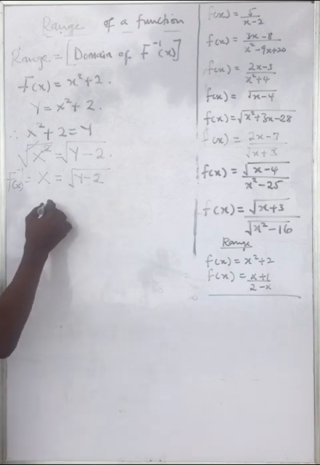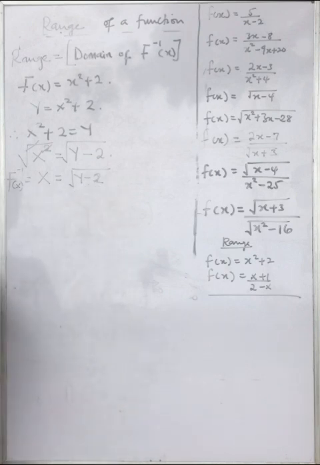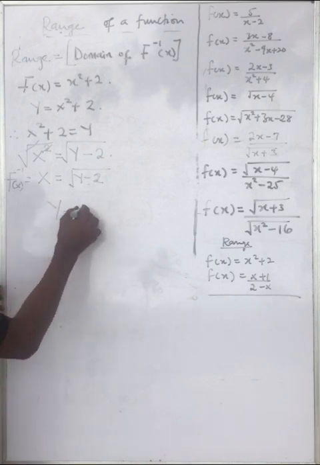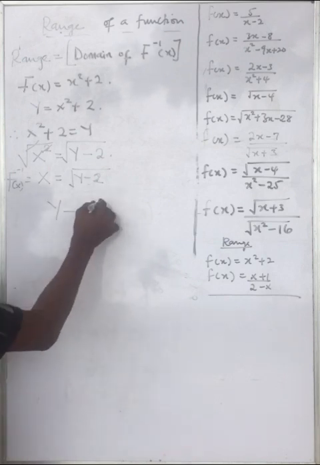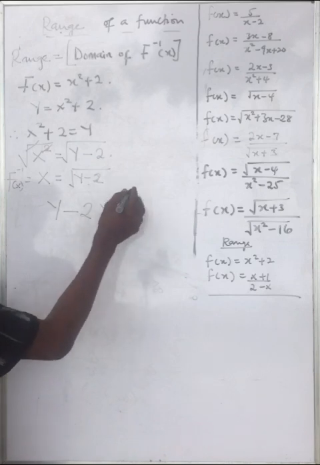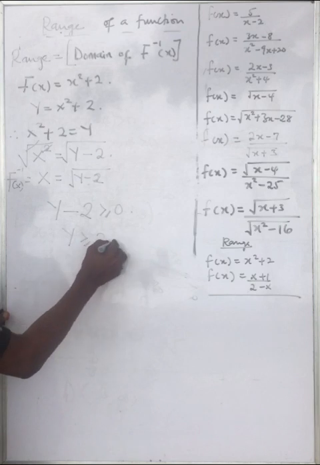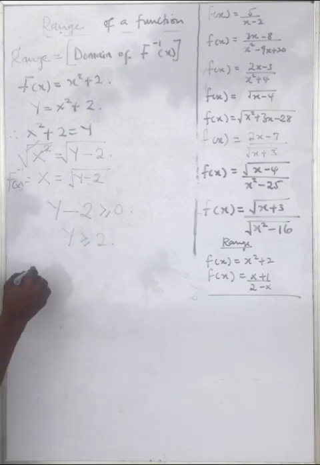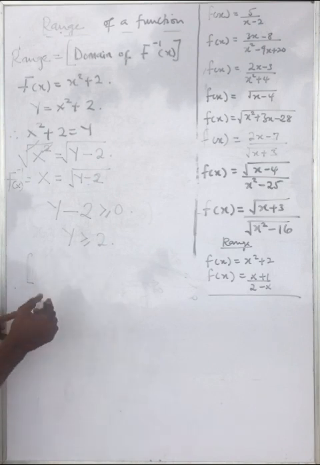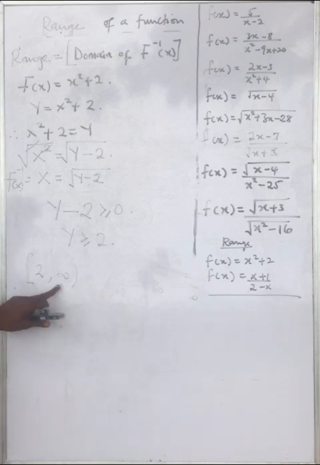In order for us not to get a complex, my y minus 2 must be greater or equal to 0, so that y must be greater or equal to 2. So the range of this function would now be, remember it is closed at this edge, if you draw a number line for it, from 2 to positive infinity. So that's the range of the function in question.